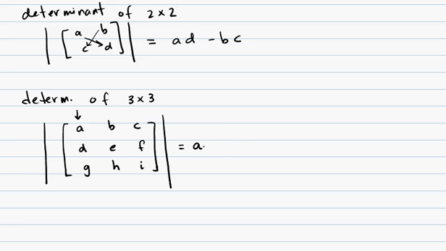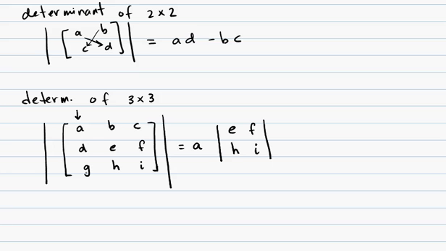So I'm going to have A, and then I'm going to multiply A times, you see, if I block off everything that touches A, or the row and the column that touches A, I end up with a 2 by 2. So I'll take the determinant of that 2 by 2 that remains. Again, here's A. A is in the first row, so I'll ignore that first row.